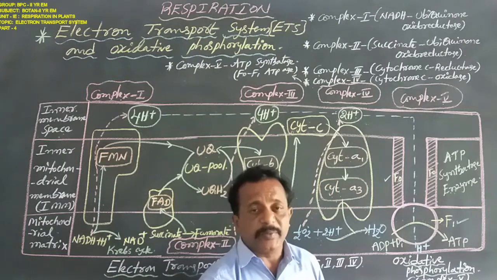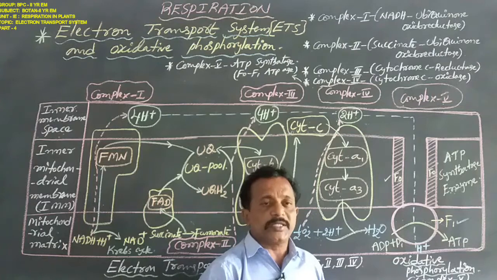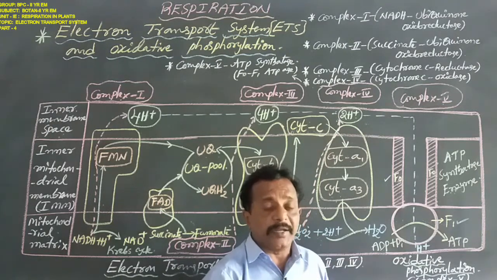Already in photosynthesis, the lumen contains a higher concentration of proton gradient.